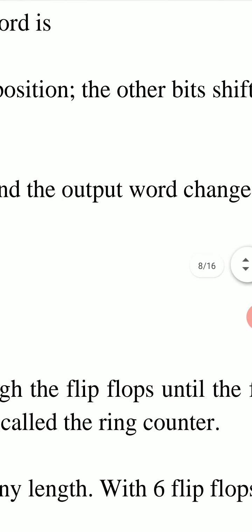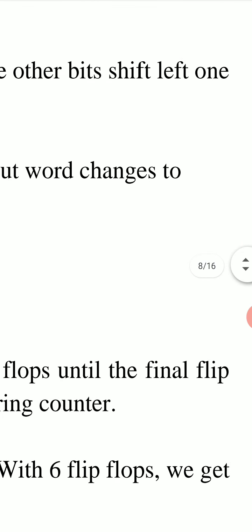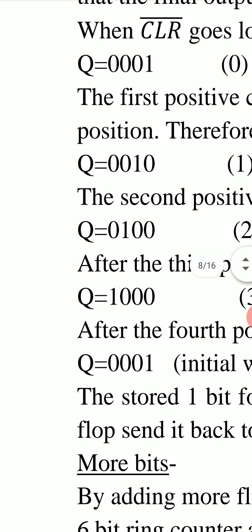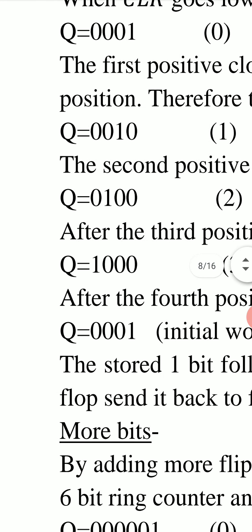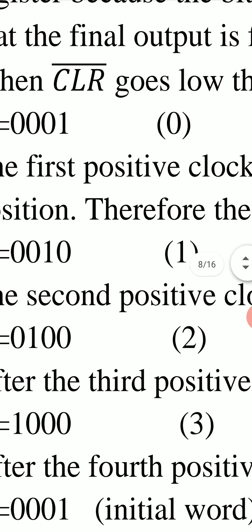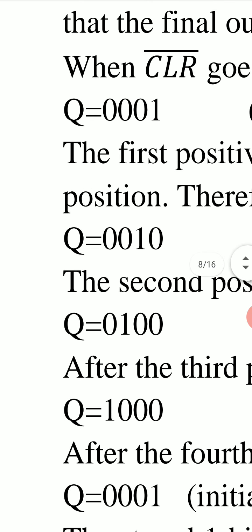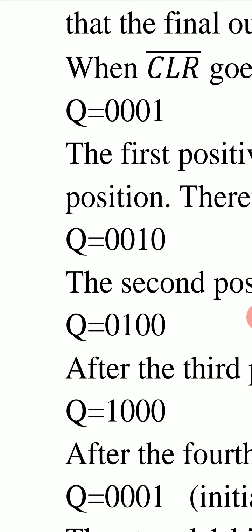The other bits shift left one position, therefore the output word becomes Q equal to 0010. So initially when CLR bar goes low and then high, the initial word is 0001. We have 1 in the LSB D flip-flop.